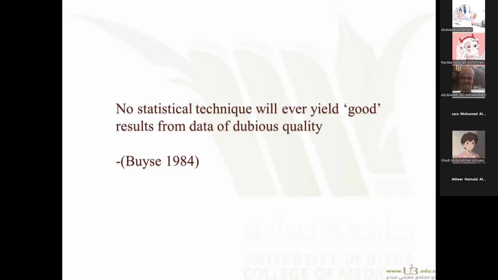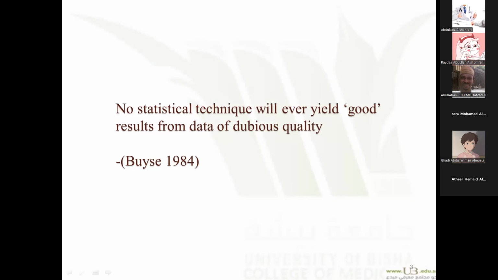Going to the first slide, I have a popular saying from one of the statisticians of our times, Bayes. He said, no statistical technique will ever yield a good result from data of dubious quality. What does it mean?